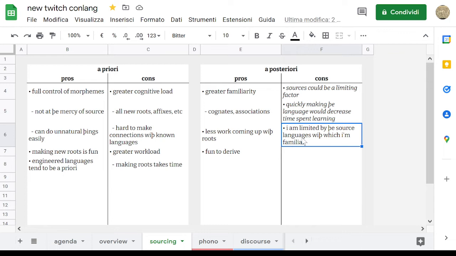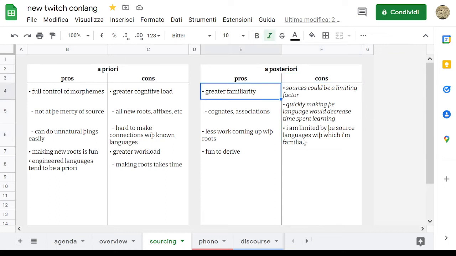Old Church Slavonic less so, or maybe Romance languages are one of the sources. Let's say those are my sources, and it's just the fabric I'm talking about. There is no word for it in any of those languages because it's a fabric that doesn't exist in that region of the world. I would be limited if I were stuck with those languages.